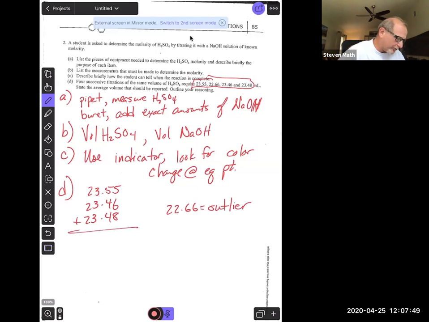We're going to average those and come up with an average of 23.50. And I think that's enough of a rationale for our measurement. Okay, I know you guys know how to do the calculation part of it. 2 down.